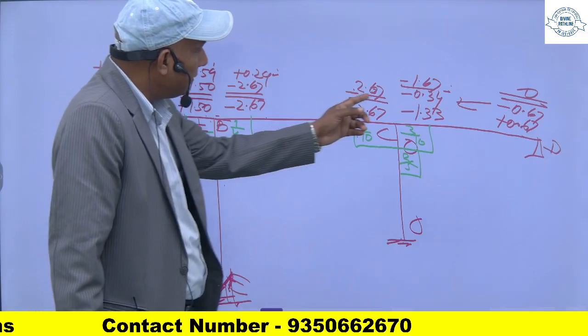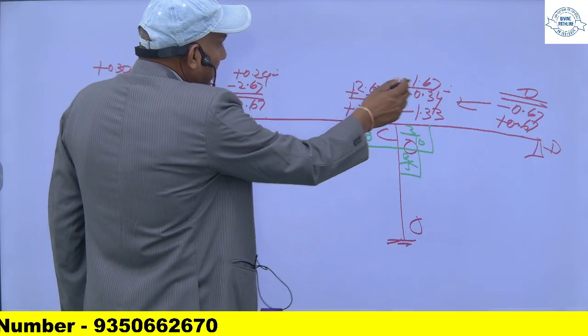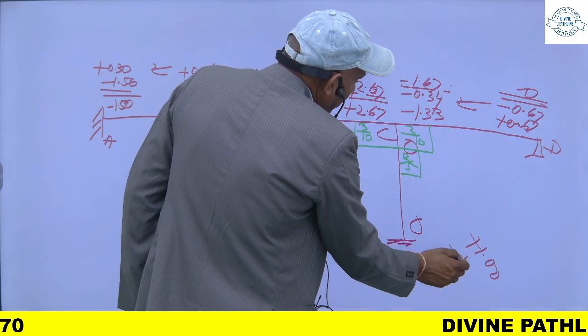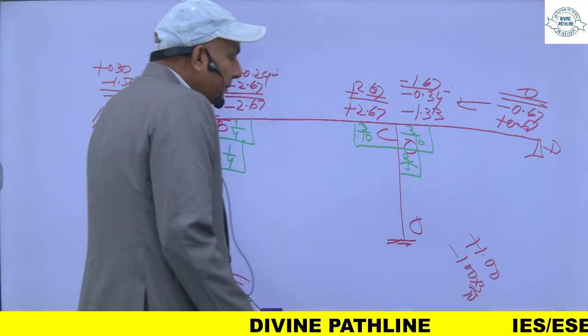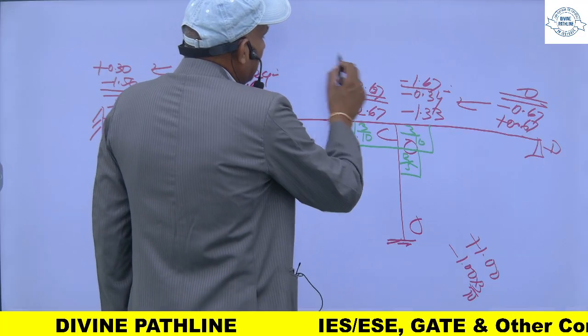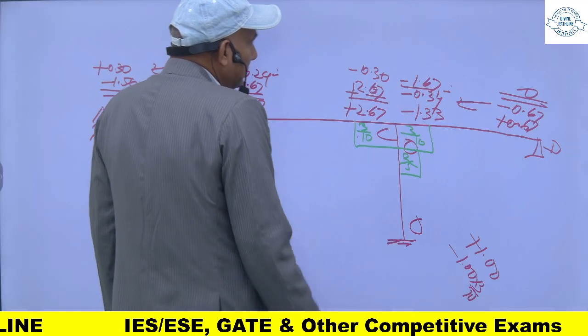Since the sum of this is plus and this is minus, this plus 1 is extra. So for making it minus 1.00 into 3 by 10, it will be 0.3. So this will be minus 0.30, not 0.03.